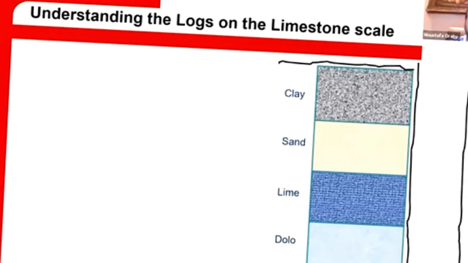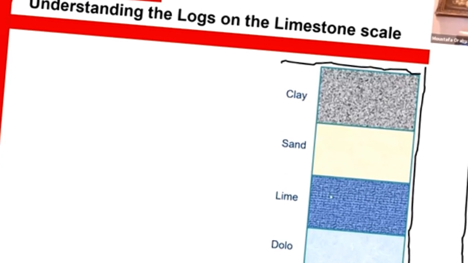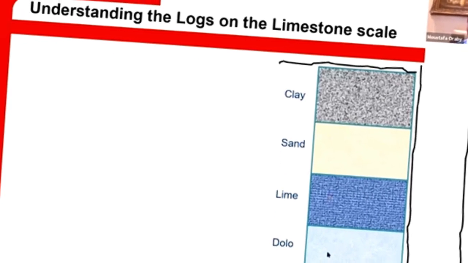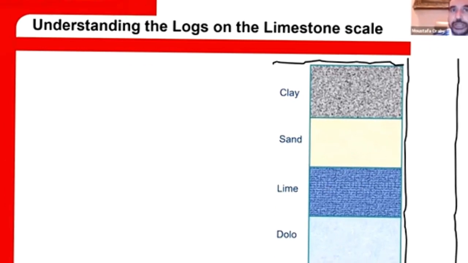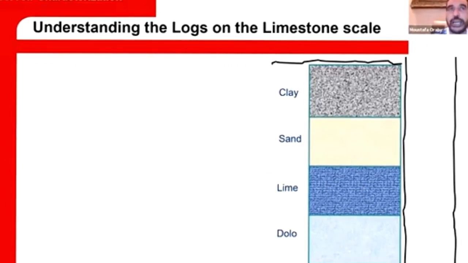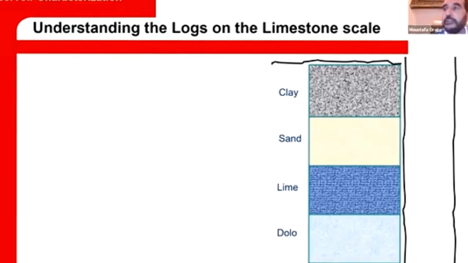You have clay, you have sand, you have lime, and you have dolomite. Man, I have all of them in the same reservoir. Okay, I'm trying to make it interesting to see how things will actually vary and how we can identify this by using only the limestone scale. Okay, so I have clay on the top, I have sand, and I have lime, and I have dolomite.